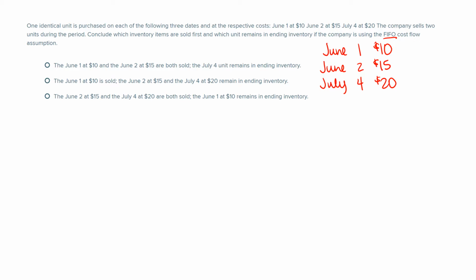So if the company sells 2 units, they will sell the first 2 that they acquired, and the most recent one will stay in ending inventory. So the June 1st at $10 and the June 2nd at $15 are both sold. The July 4th unit remains in ending inventory.